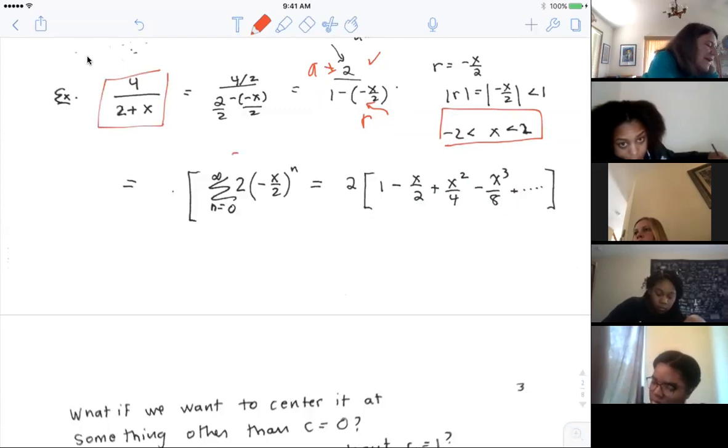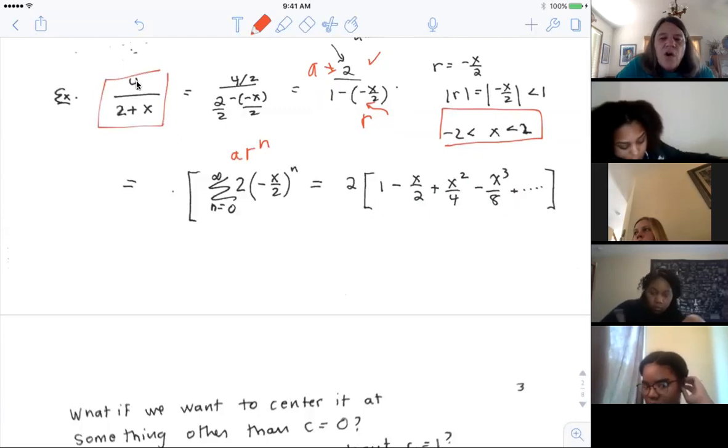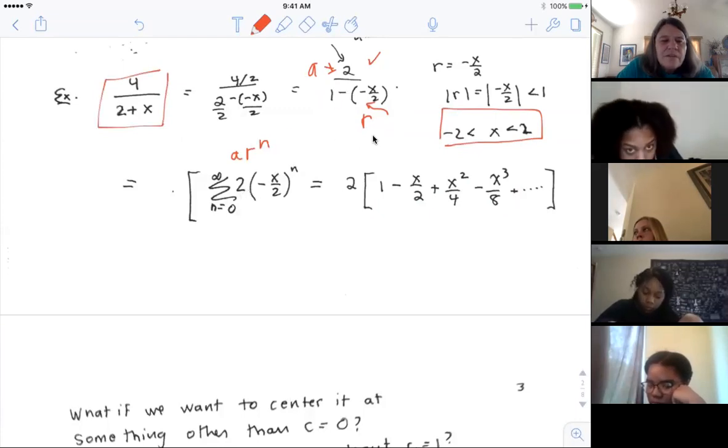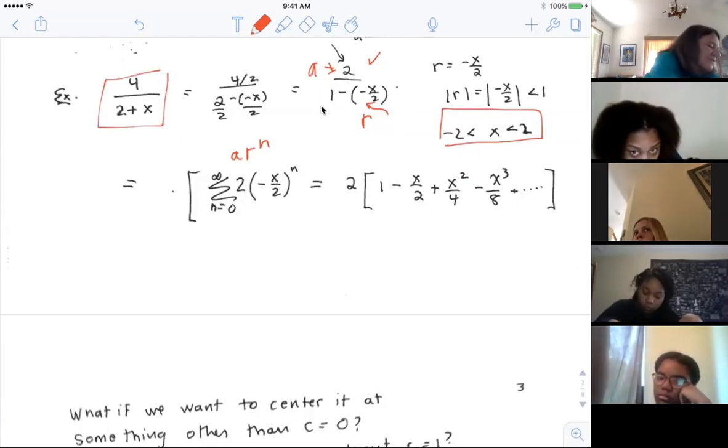All right, now let's put it into the form. The form is a r to the n. So I'm going to put in my r, which is minus x over 2. One thing you can do is pull the 2 out of everything. The 2 is going to be in every one of these. So that's a, and then pull it out.